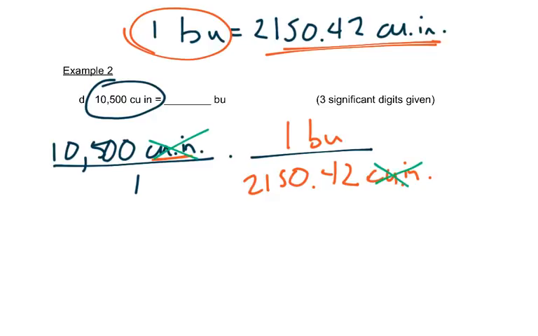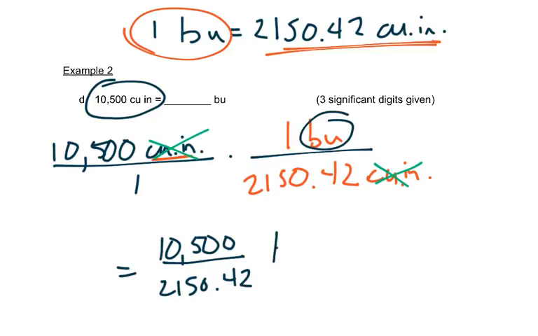Cubic inches will cancel out, and we're left, when we multiply straight across, with 10,500 over 2,150.42 bushels. So let's divide. And we get 4.882767, and it keeps going.